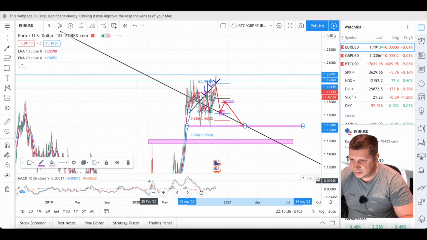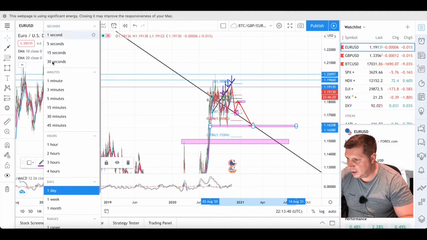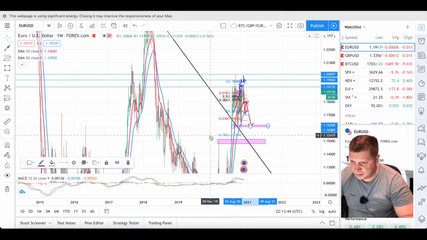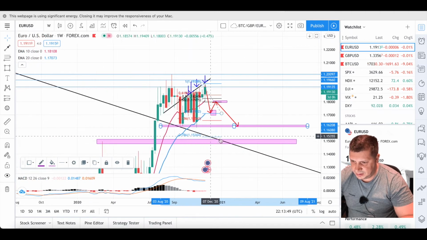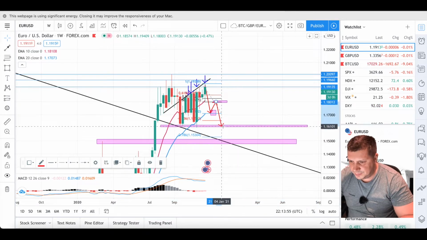Hold on. For some reason this was moved. Let me go back to weekly so I can adjust it again. Sorry. Yes, you see it just moved for some reason, shifted. So this is going to be 1 point.